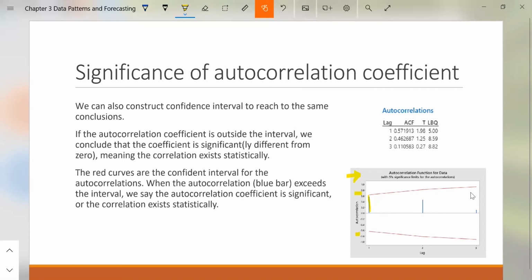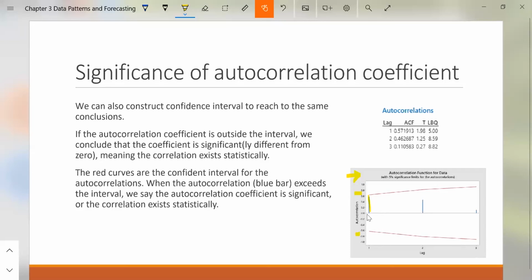So again, the red curves are the confidence interval for the autocorrelation coefficient. And whenever the sample autocorrelation coefficient exceeds such confidence interval, we can say the autocorrelation coefficient for the population is significant, or significantly different from 0, and therefore such autocorrelation exists for the population.